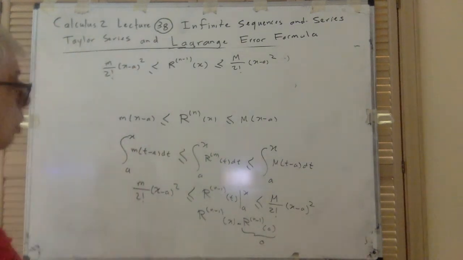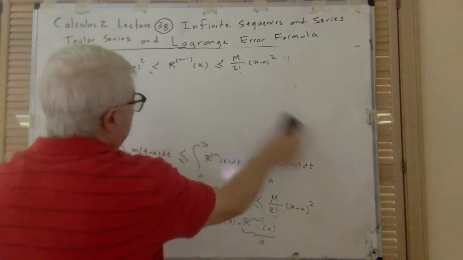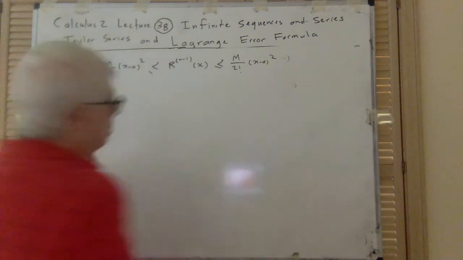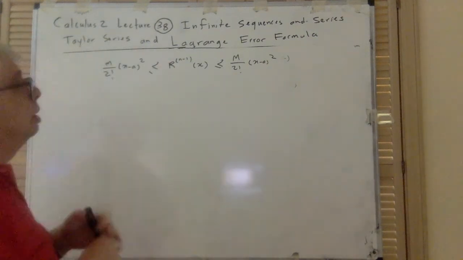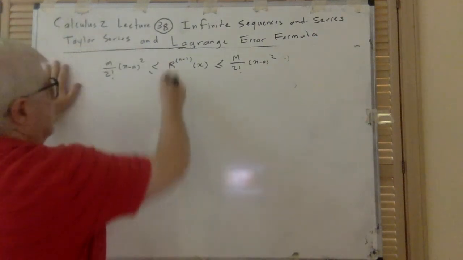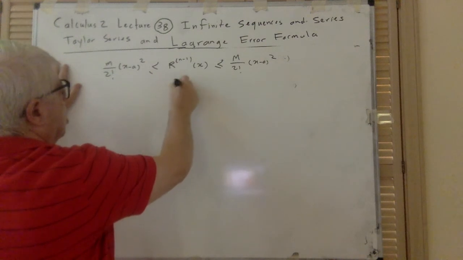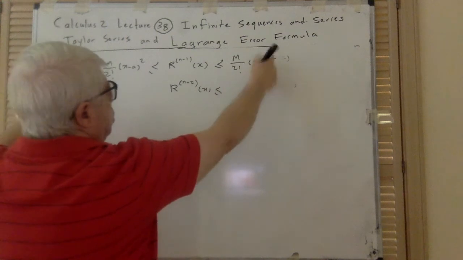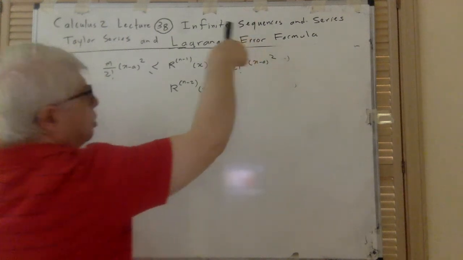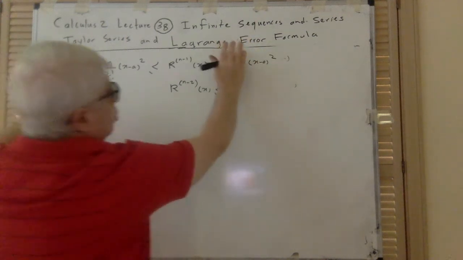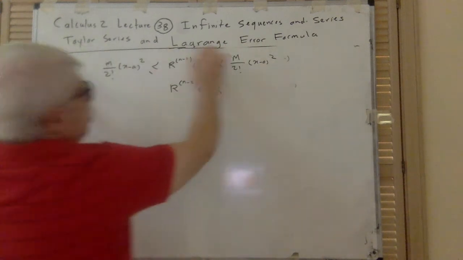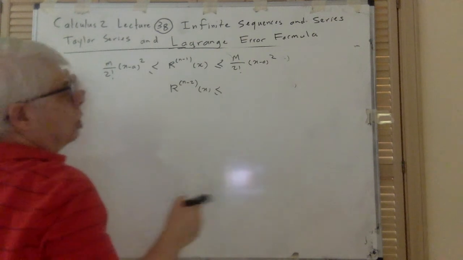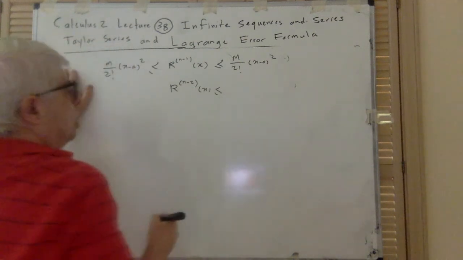So what do you think happens if I integrate this one more time? Let's not write it explicitly. One more integration brings here r n minus 2 x. What happens here? There's a 2 here. The antiderivative of x minus a squared is 1/3 x minus a to the power 3.